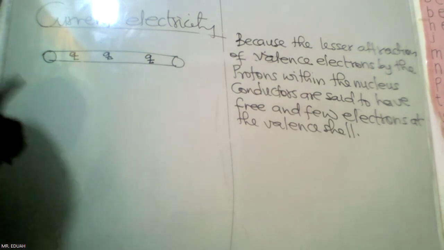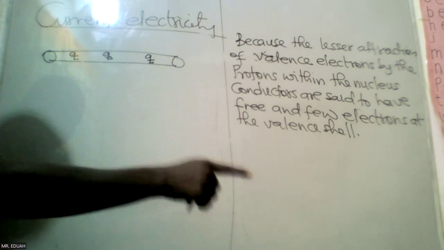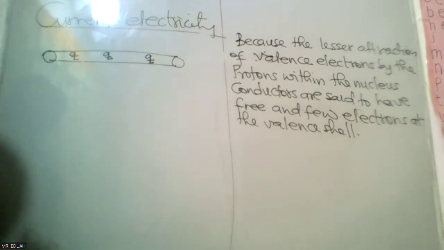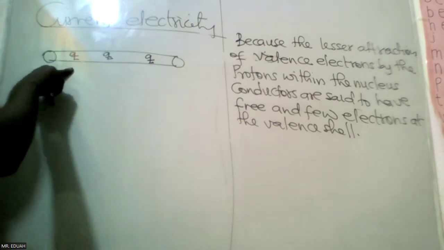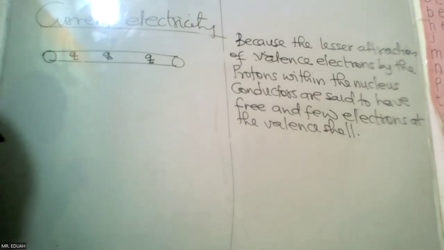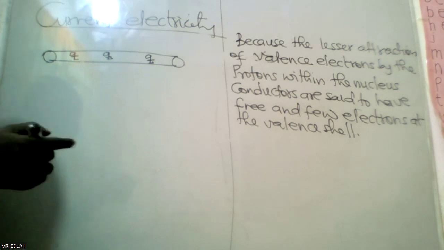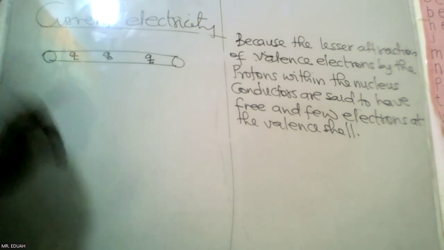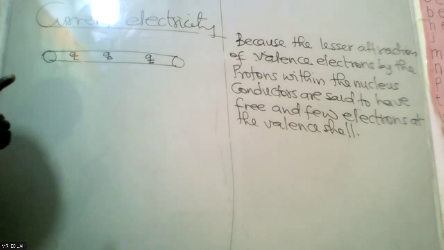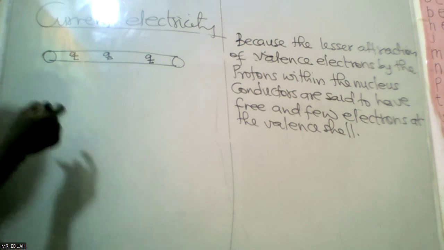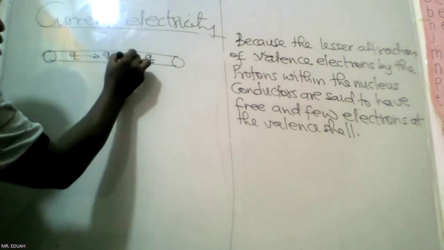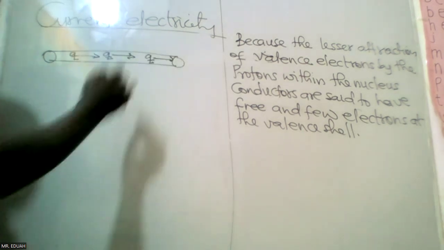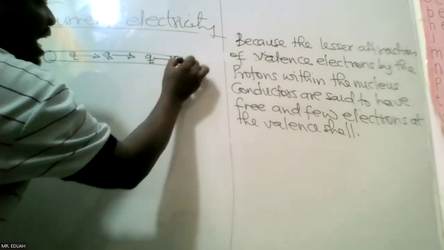Now, we want something to cause them to move. Newton says that whenever there is an external force or a net force, it causes acceleration of a body. So we are looking for an external force which will cause these free electrons to move, because when they move, they create current.